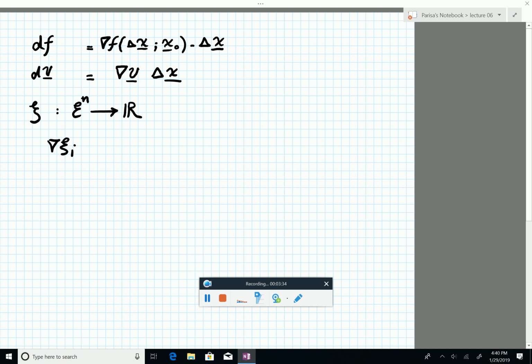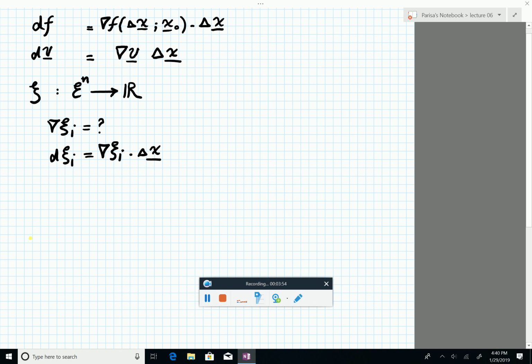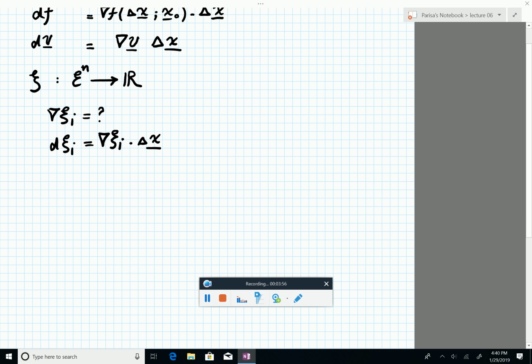We also talked about it, and we said that just like before, you know exactly how to get the gradient of anything. So this is a scalar valued function of points, and just like before, you could calculate the gradient.